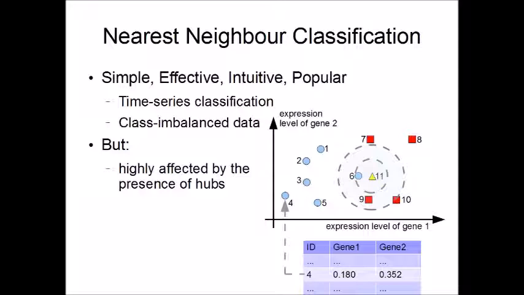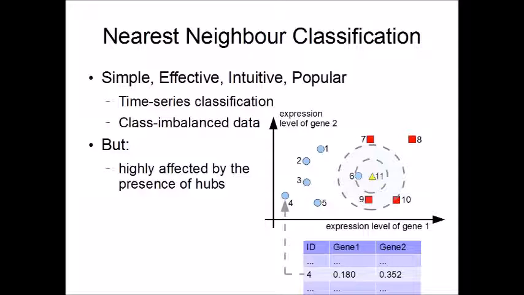That is, a human expert may understand why the classifier classified an instance as belonging to the first or the second class. Nearest neighbor classifiers are especially popular for time series classification and for the classification of class-imbalanced data.